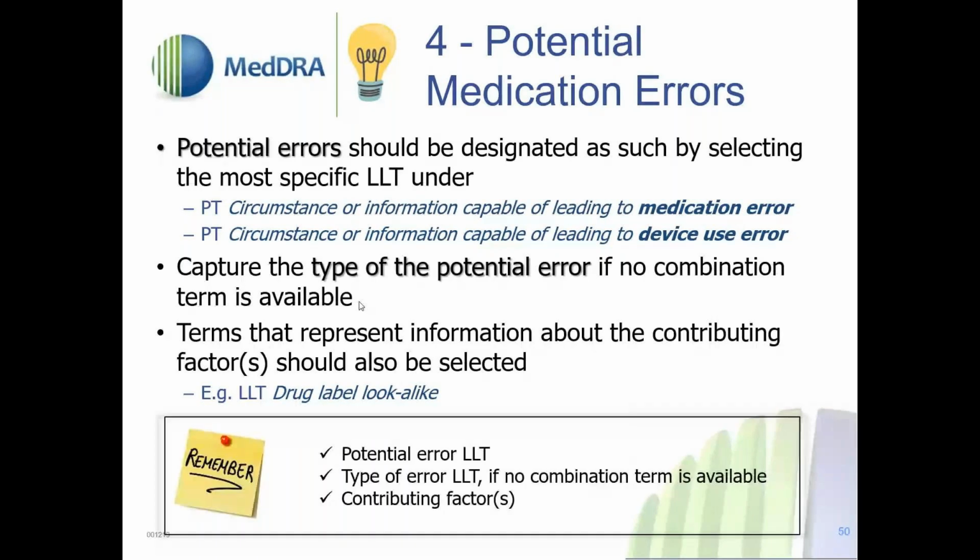So depending on your local regulatory requirements, do not omit such information, but capture all relevant information when receiving similar verbatims. Encode the potential for an error by selecting an appropriate LLT under one of these PTs. And if a specific potential error type is reported and no combination term is available, split code. And last but not least, do not forget to also code the contributing factor or factors when reported.